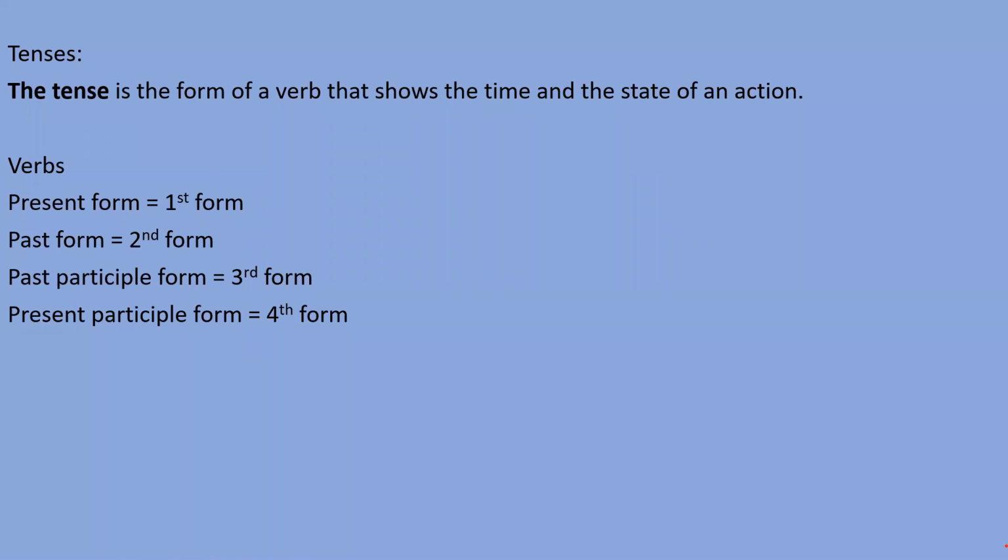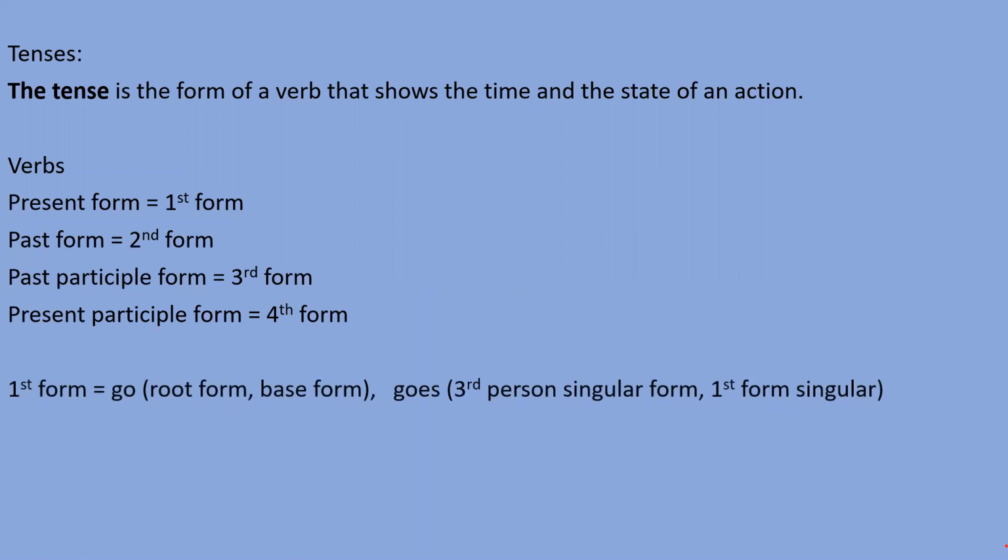The rest of the forms are derived from it, the forms that come out of it, right? According to our uses we have given them names and made them first form, second form, third form, or fourth form, but in reality there is only one form, the root form. The rest are derived from the root form. If I say first form, let's take the example of go. So go is the first form, which is called the root form or base form.